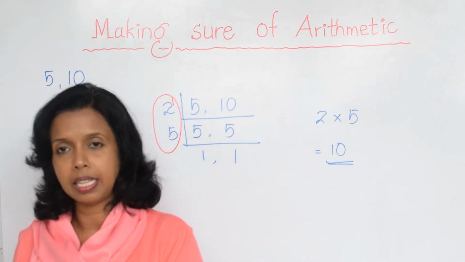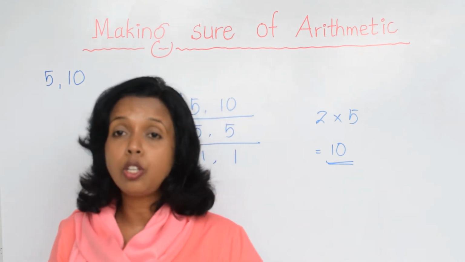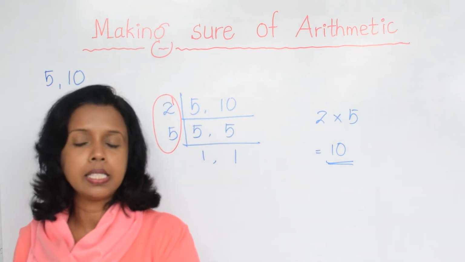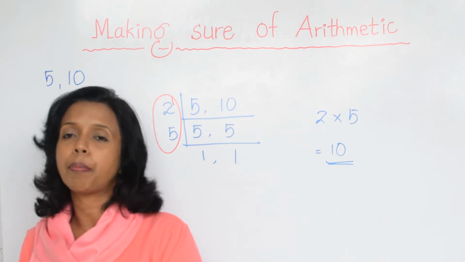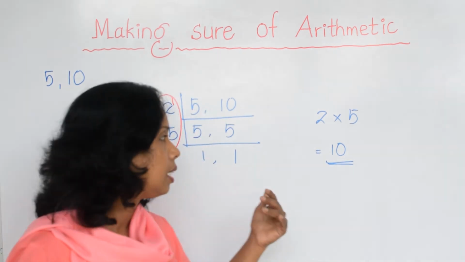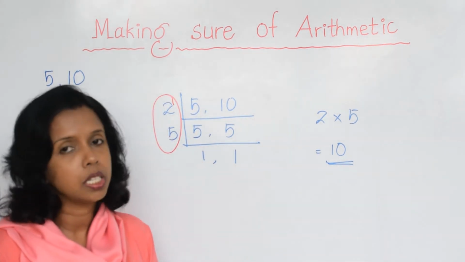First you find the multiples, then you select the common ones, then you select the lowest common one. So it gives a sense, right? So LCM, lowest common multiple, that particular method gives us a sense, but this method is better for your examination workings, right?